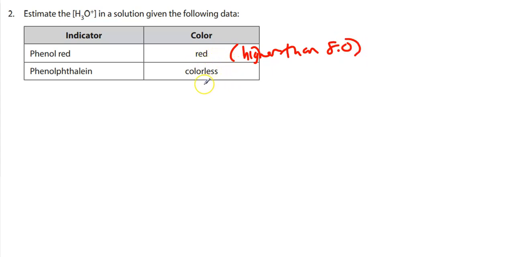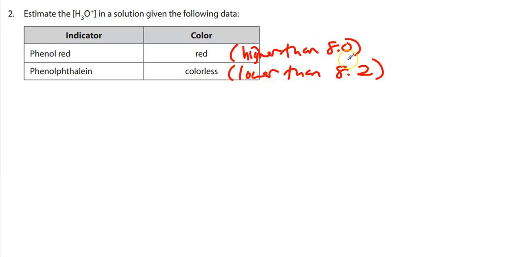For phenolphthalein, it says that it is colorless, which means it has to be a pH lower than 8.2, because 8.2 and lower is where it's colorless.